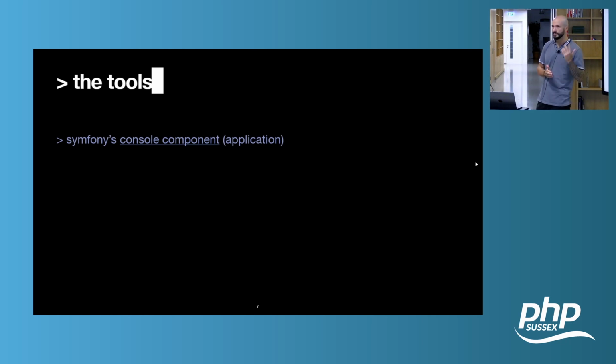I don't know if there are any Laravel developers here, but Laravel has this component called Artisan, which is the console component of Laravel. Well, Artisan is built on top of Symfony's console component. So yes, a very popular library, very reliable, battle-tested. So it makes sense to use it as a starting point for our own console applications.